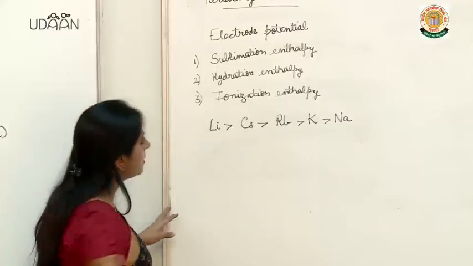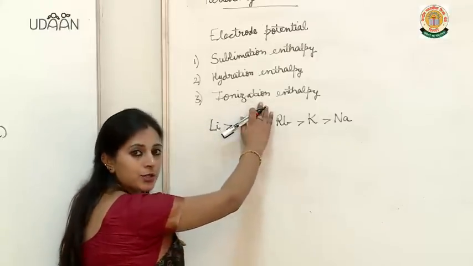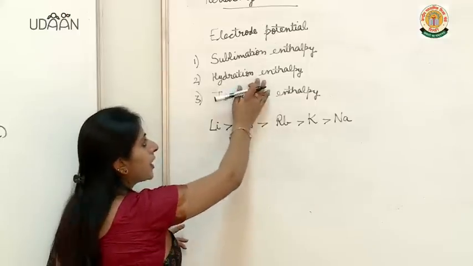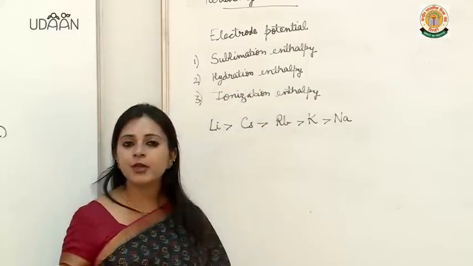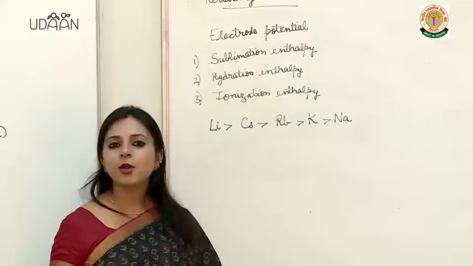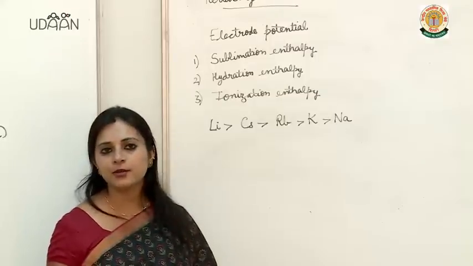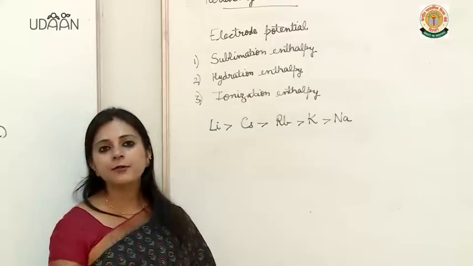Although lithium has very high ionization enthalpy, it also has very high hydration enthalpy, and sublimation enthalpy is almost constant for all alkali metals. So, what is going to make the difference?